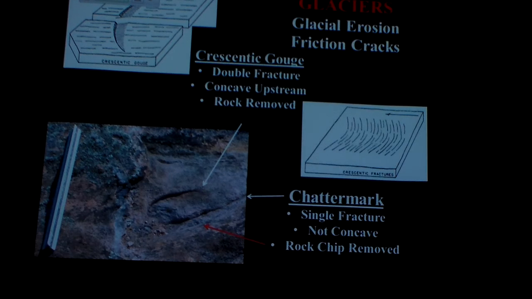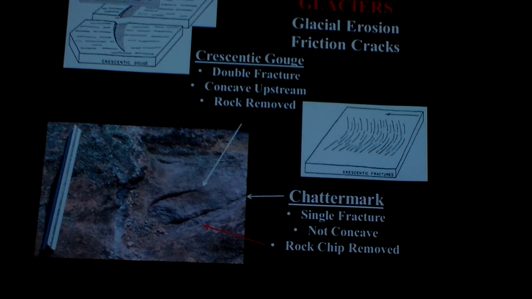But look what I can do with these guys. Sometimes we kind of just call them chatter marks, because what they're formed from is debris that's in the base of the glacier. And this chunk of debris is just kind of coming along and it whacks into the bedrock. And it gets picked up by the glacier, carried along, whacked into the bedrock again. So it's just chattering along, just bouncing along.